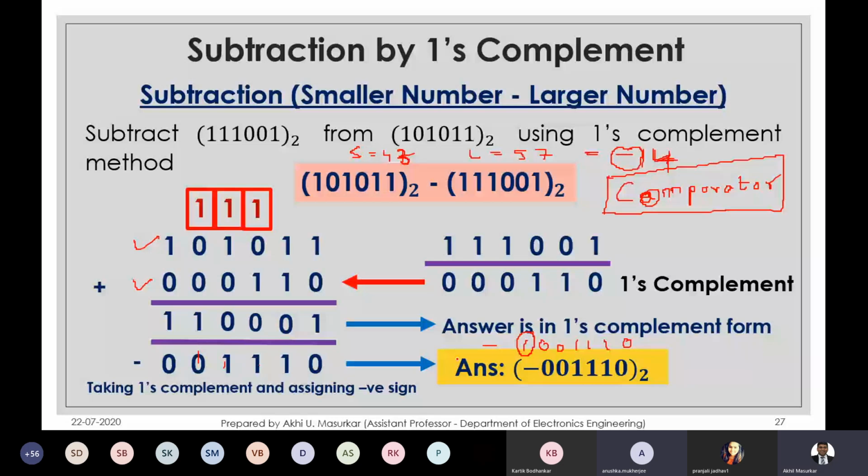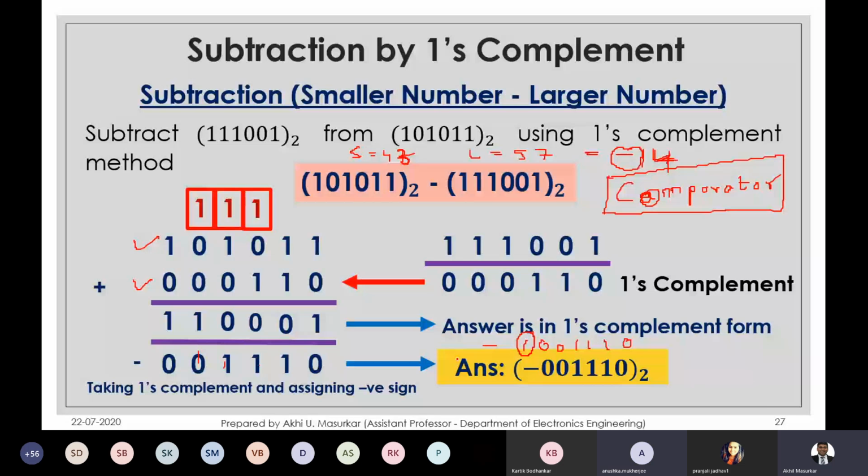Who's this? Anushka, sir. Okay, Anushka. So, should I explain it again or what? Anushka, your voice has gone.